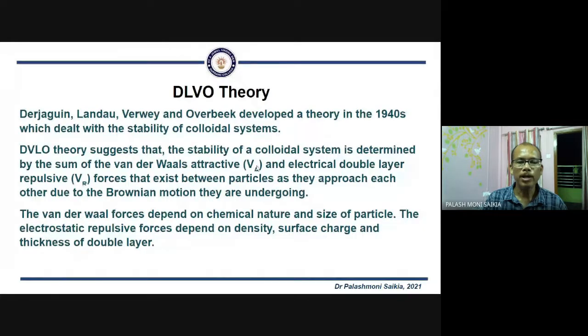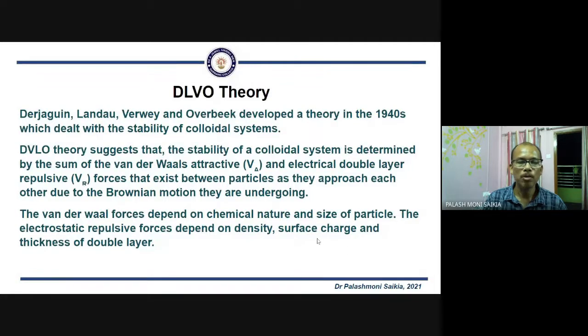The van der Waals attractive forces depend basically on the size of the particle and also on the chemical nature, what type of bond it has, what type of functionality it has. And the electrostatic repulsive forces depend on the surface charge.